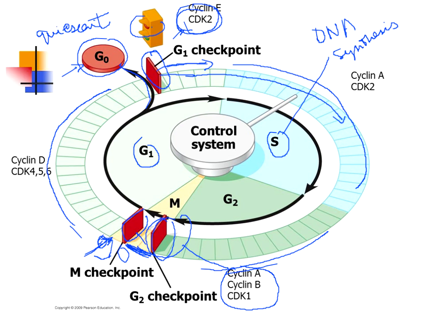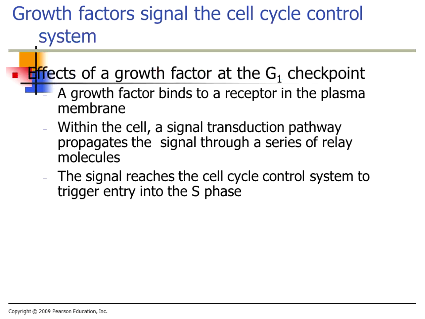This is called coordinated control. All these proteins have to be expressed around the same time. When they are expressed like that, then the cell cycle moves forward. So this is coordinated control of gene expression.